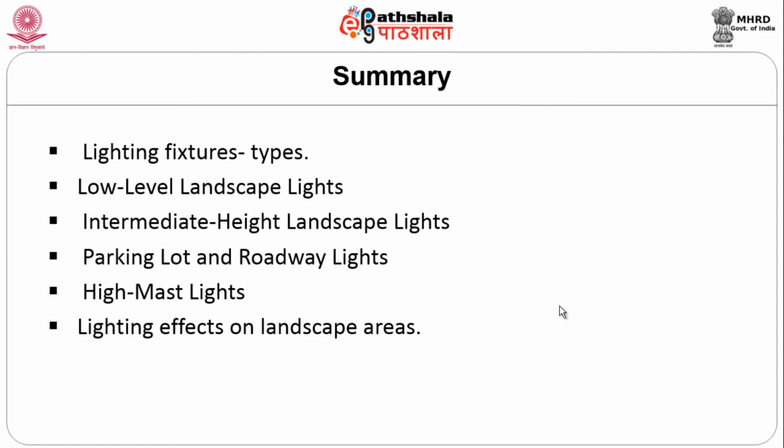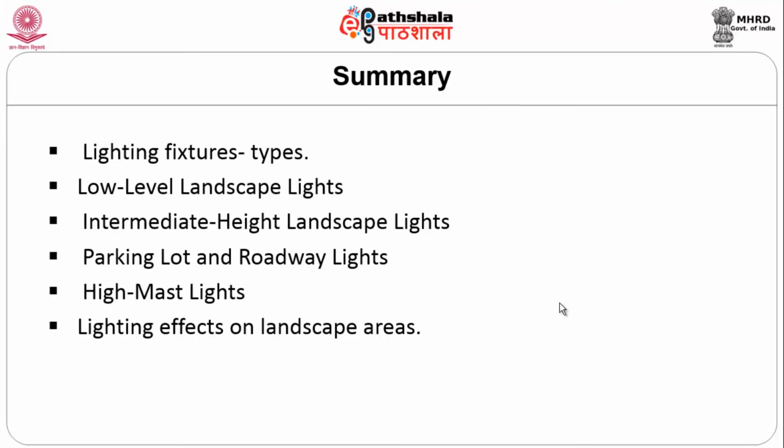We saw 4 types of lighting, that is low level light, intermediate light, then parking light or say roadway light, then the high mast lights. So, these are the 4 main patterns of lighting fixtures which are very predominantly used in every landscape area wherever landscape has been done.